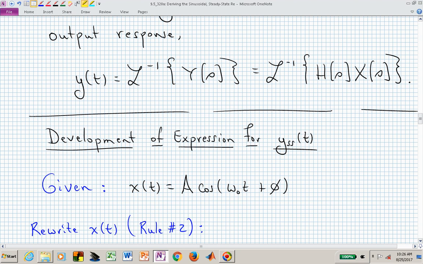So here's where we're going to start. We'll try to find little y sub SS of t. Again, we're shaking the system at a frequency of omega naught radians per second. And we're trying to be as general as possible.